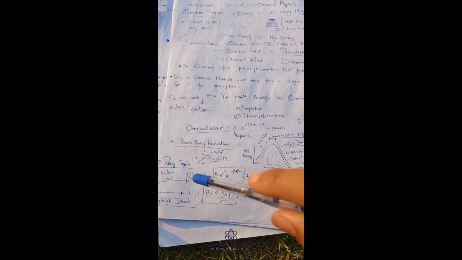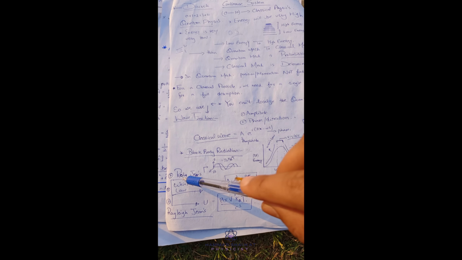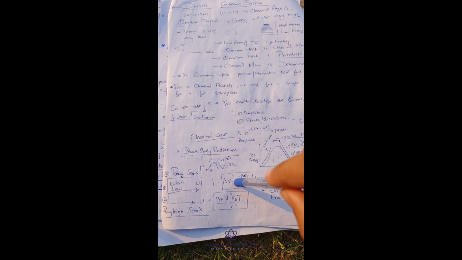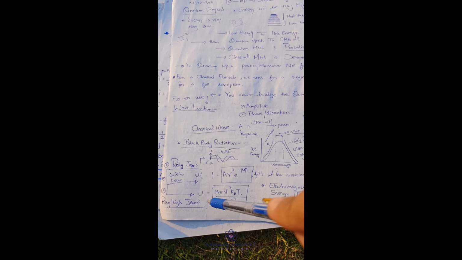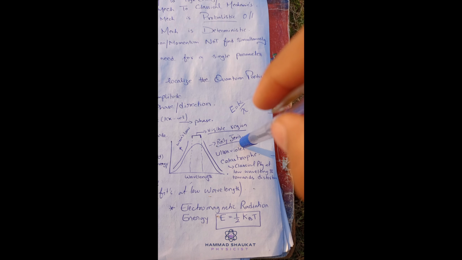These are the energy density formulas. For Wien's law: A mu cube exponential minus beta mu by T. And the Rayleigh-Jeans energy density formula: 8 pi mu cube kBT divided by c cube.